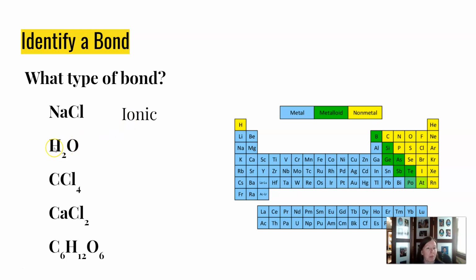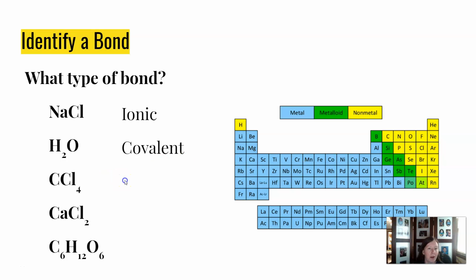Okay. Then we look at the next one. This is water, and I'll teach you the technical name for water today. Here we have hydrogen, it is yellow, and oxygen, it is also yellow. So we have 2 nonmetals, covalent bond. Then we have carbon. Carbon is yellow. We have chlorine.